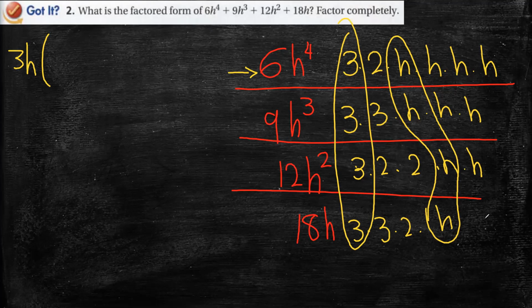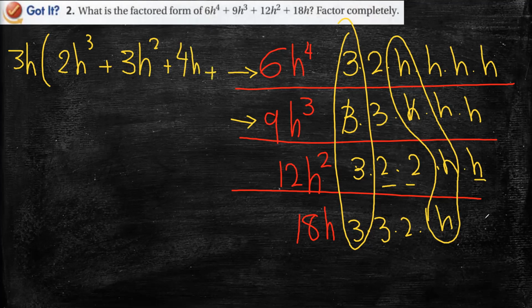Then if you look at the first monomial here, 6h to the power 4, if you take 3h as a factor, 2h cubic will remain. Plus, look at the second term here: if you remove the 3 and h, 3h squared will remain, plus 4h plus 6.